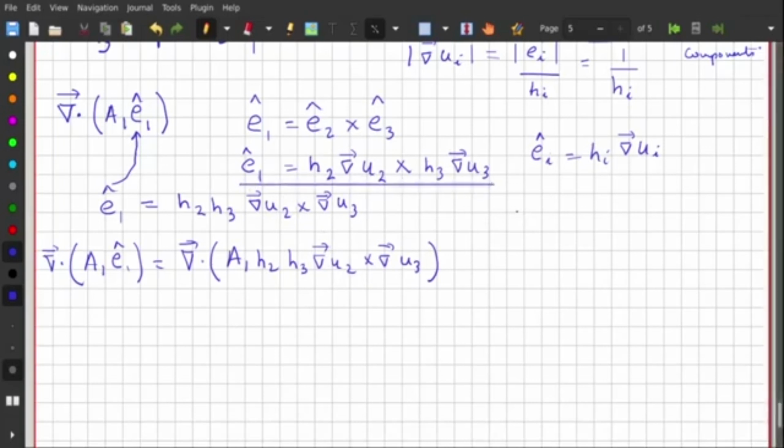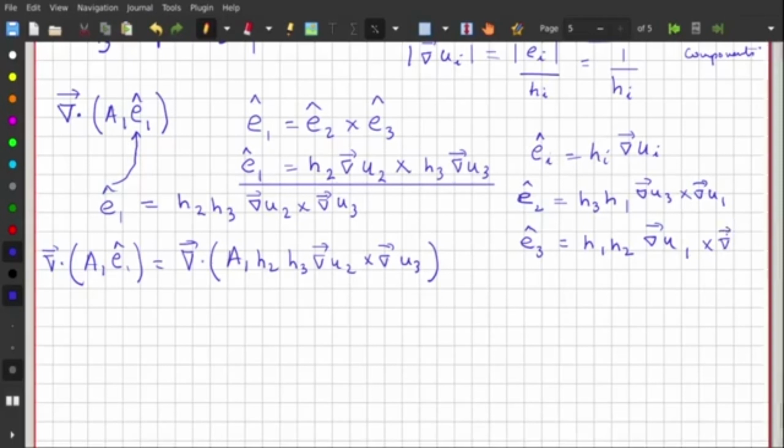So we can write, let's say, e2 is h3 h1 grad u3 cross grad u1, just using the cycling nature of 1 2 3. And similarly for e3 we can write e3 equals h1 h2 grad u1 cross grad u2.